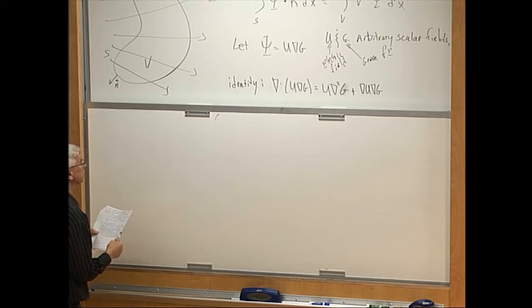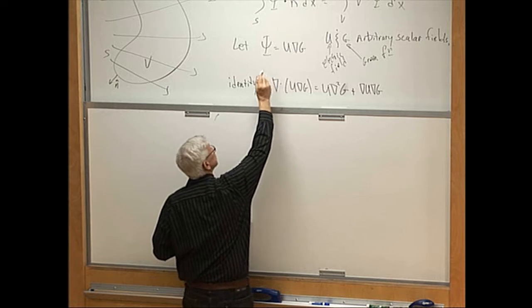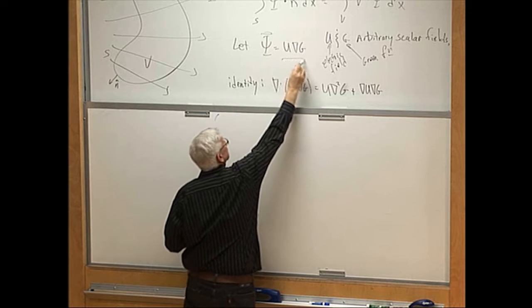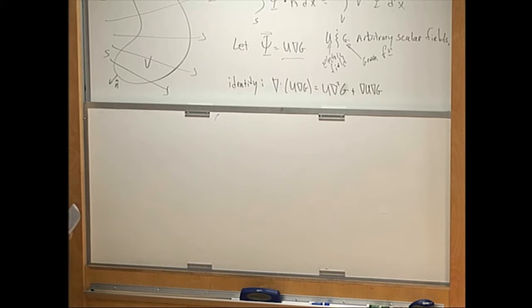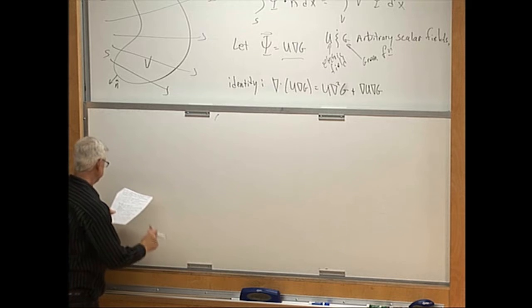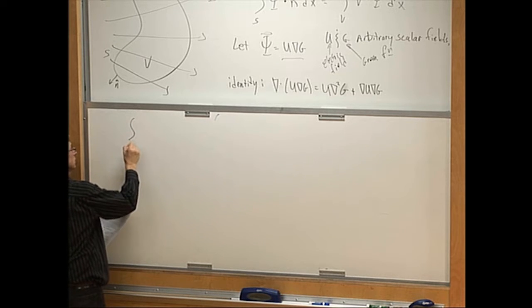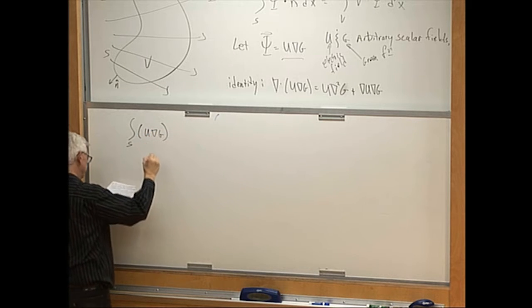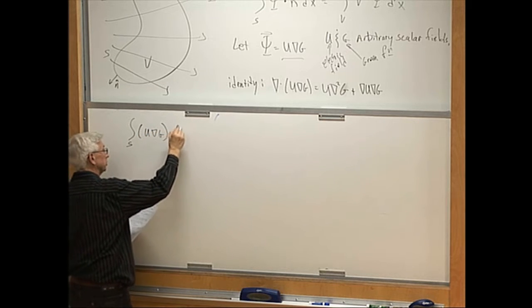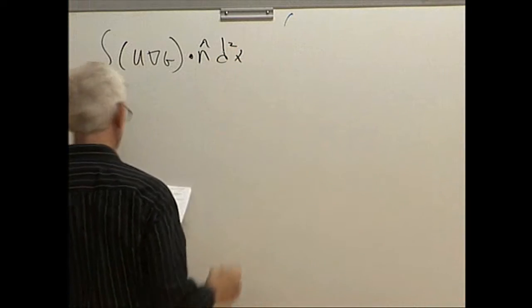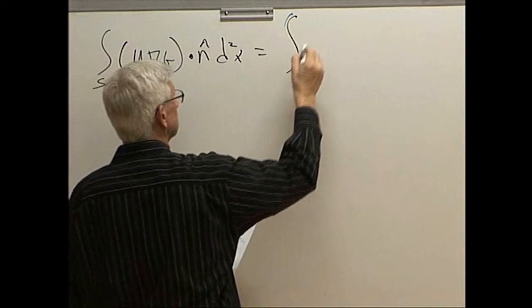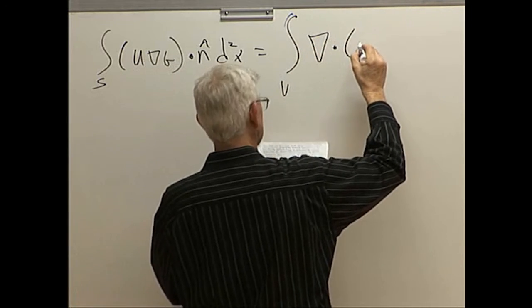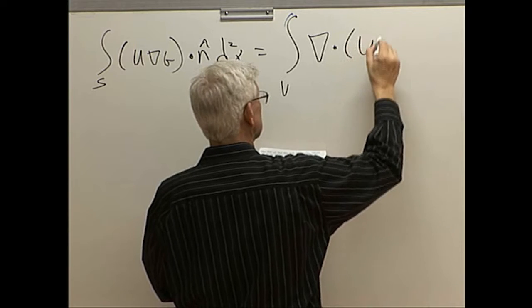Okay, so all we're going to do is substitute, well, it should be a vector there, the u del g into the divergence theorem. So we have the integral over S of u del g dotted with the normal, surface integral, is equal to the volume integral of del dot, let's see, u del g.